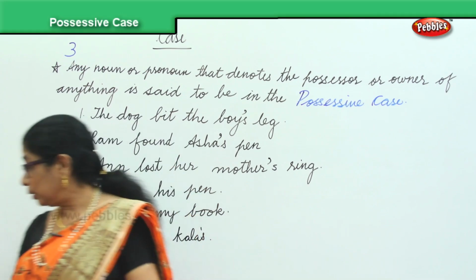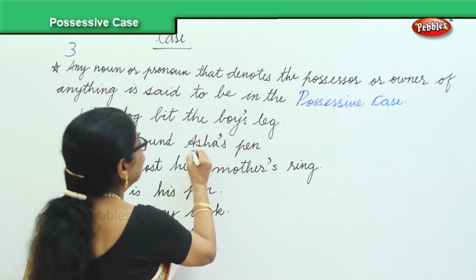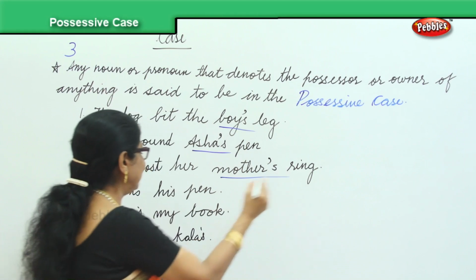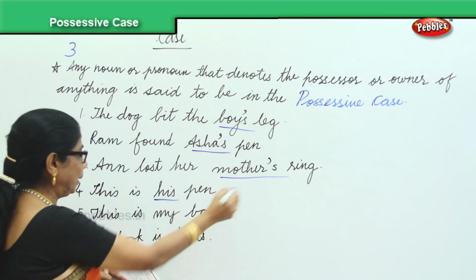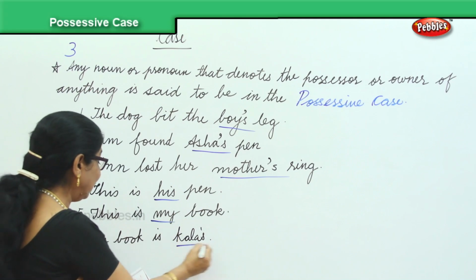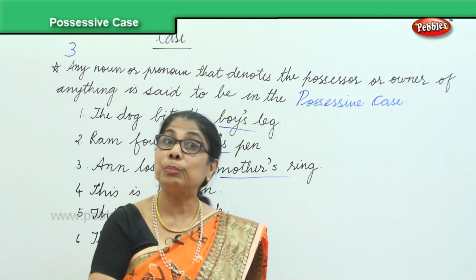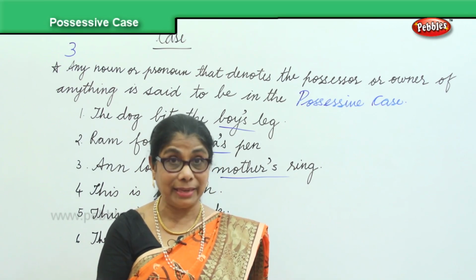So now we say Asha's pen, boy's leg, mother's ring, his pen, my book, Kala's book, all these owned by somebody, possessed by someone. So we say that is in the possessive case.